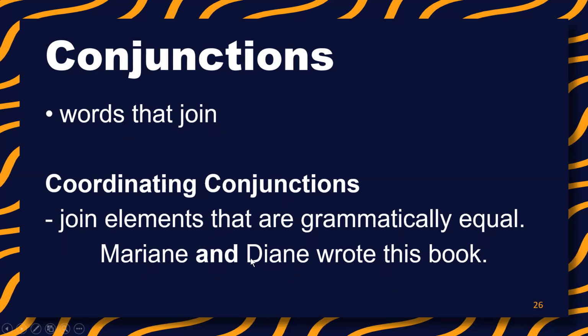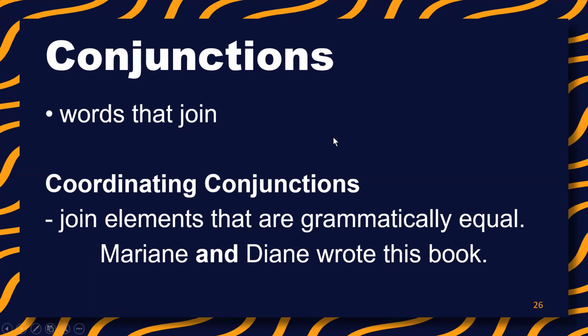These are grammatically equal because Marian and Diane are both nouns, and both proper nouns. That's why you could use and to join these two elements. We also make use of and for things that go together, like salt and pepper, bread and butter. So for complementary things, we make use of and.